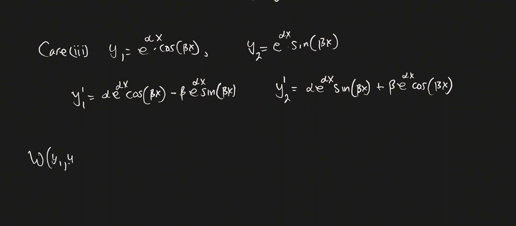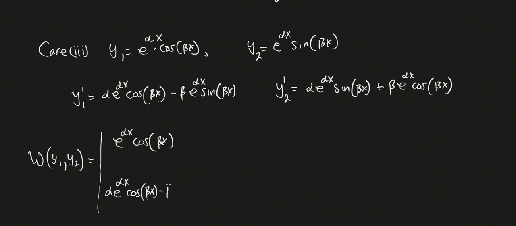So y1, y2. So it's the determinant. And I'll write the columns first. That way I make sure I'll have enough room. So I'll have e to the alpha x cosine of beta x. And then this term here, alpha e to the alpha x cosine of beta x minus beta e to the alpha x sine of beta x.